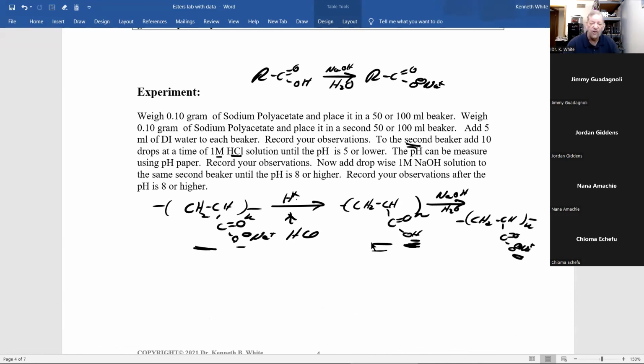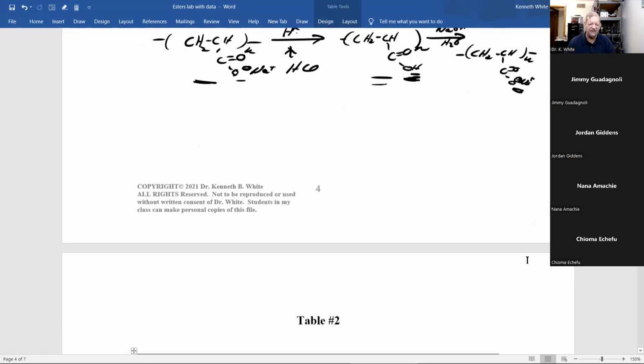And obviously, when it's a liquid, it's not hydrogen bonding well to water. When it's a gel, it is. I'll say that again in slow motion. When it's a liquid, it's not hydrogen bonding well to water. When it's a gel, that polymer, SAP, is hydrogen bonding real good to water.